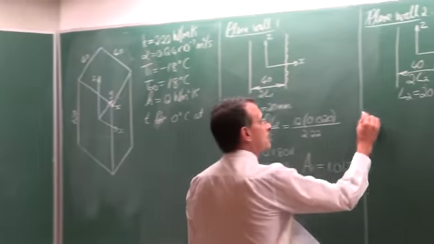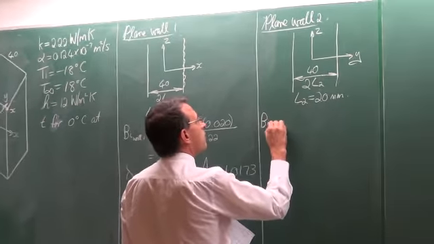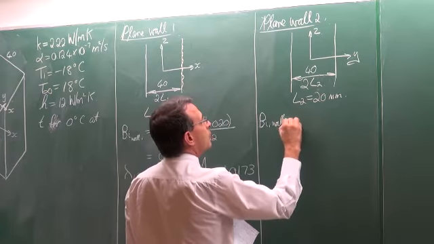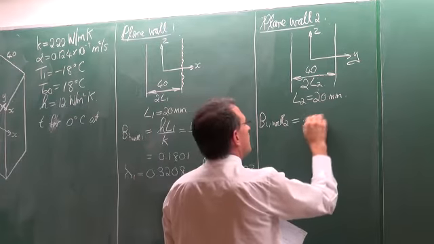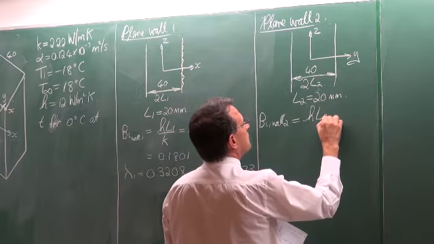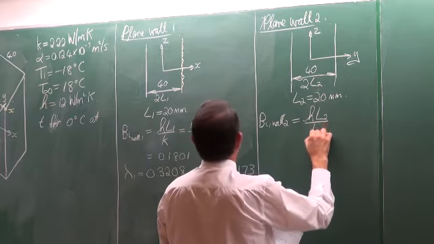Therefore, we can also calculate the Biot number of wall 2, which is equal to, again, the heat transfer coefficient multiplied by L2 divided by k.